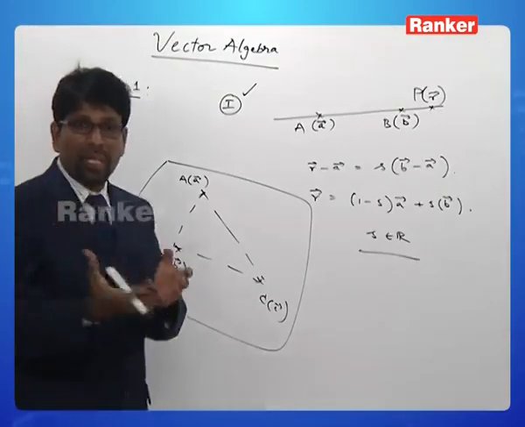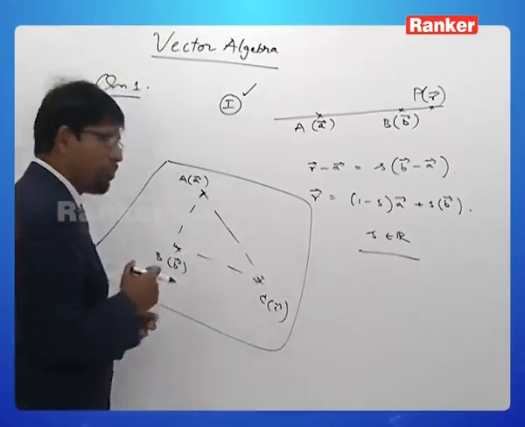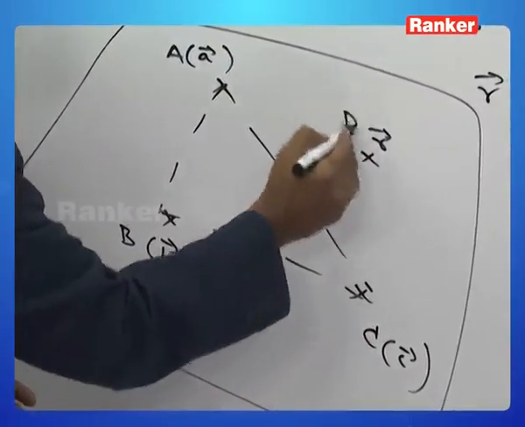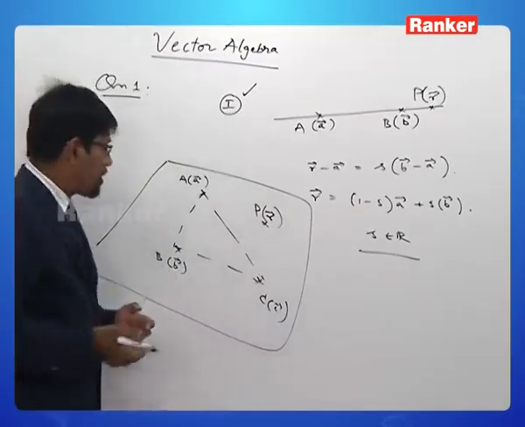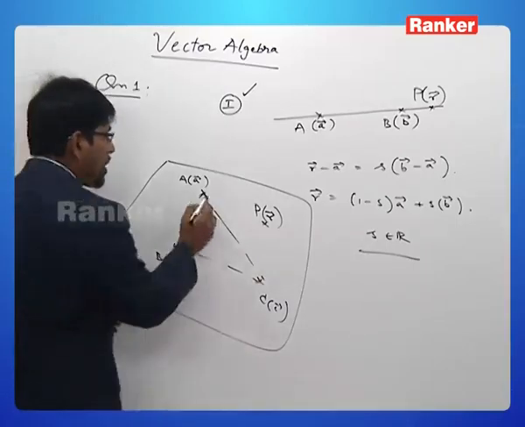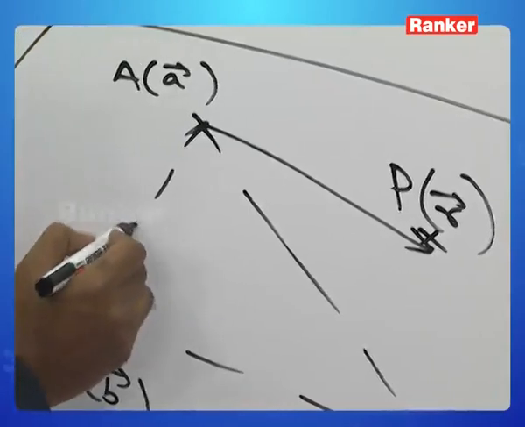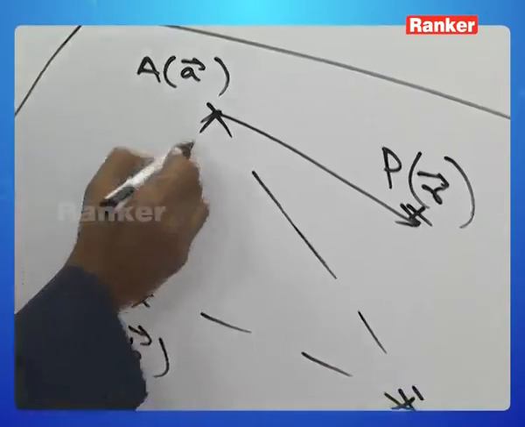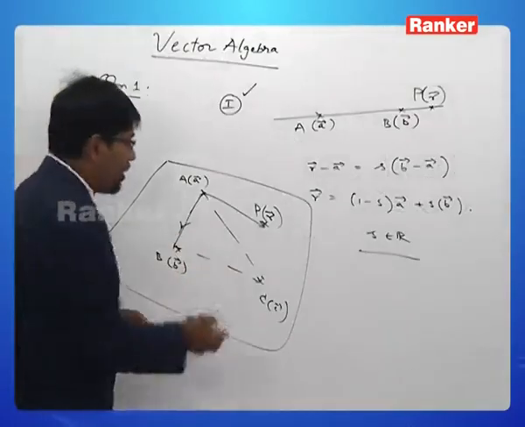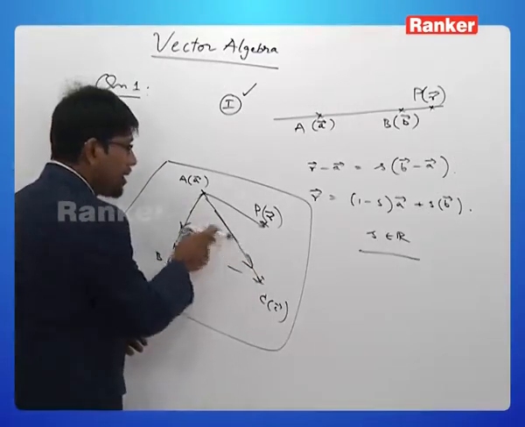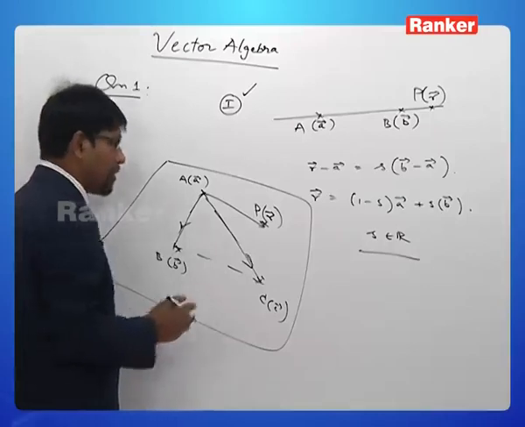A triangle is a planar figure, so you can fit a plane through them. Now suppose R bar is any point on the plane generated by these 3 points. What can you say? R bar minus A bar, B bar minus A bar, the AB vector, and C bar minus A bar, the AC vector, these 3 vectors are coplanar vectors.